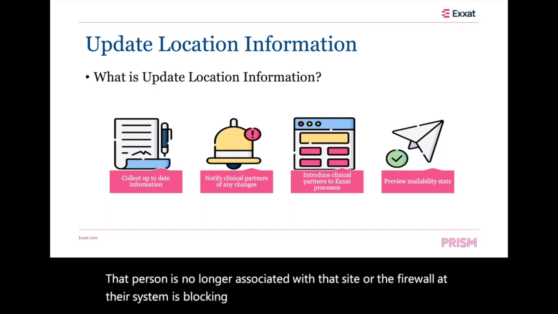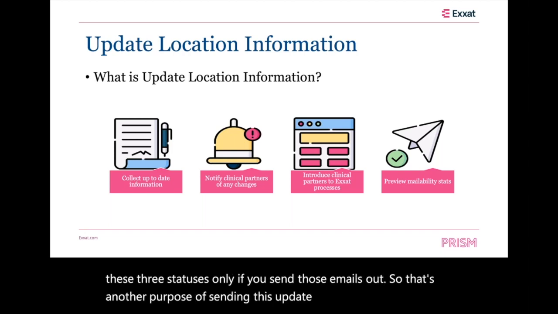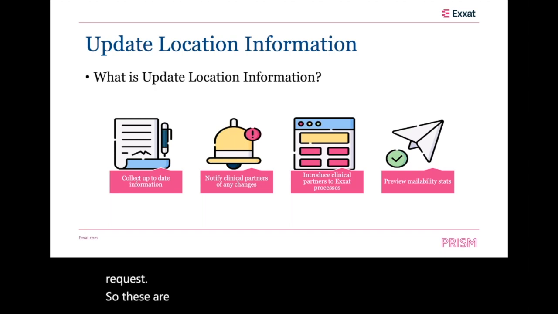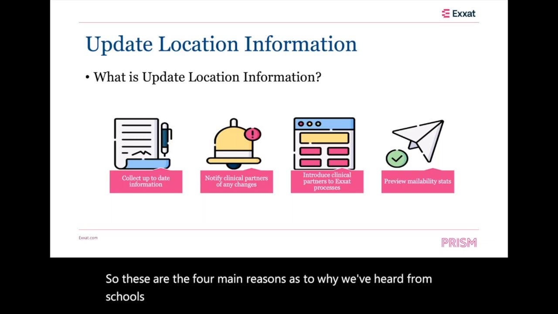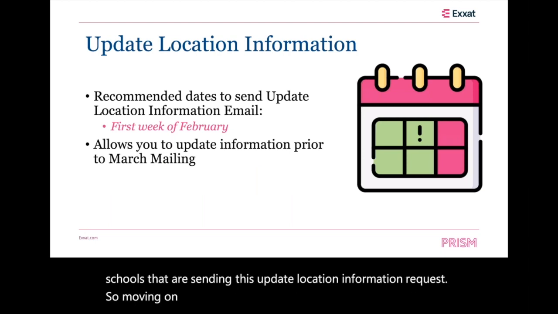You will come to know all three statuses only if you send those emails out. So that's another purpose of sending this update location information request. These are the four main reasons we've heard from schools for sending it.